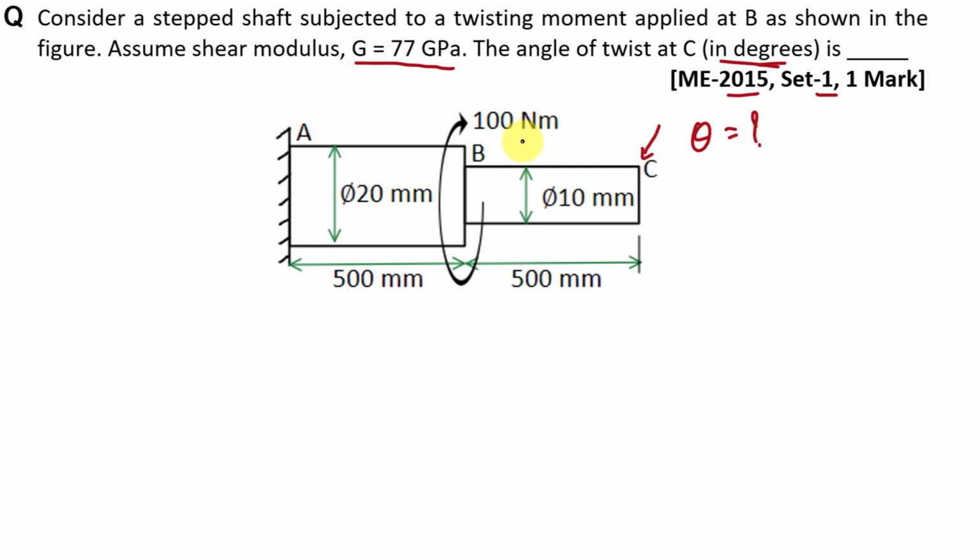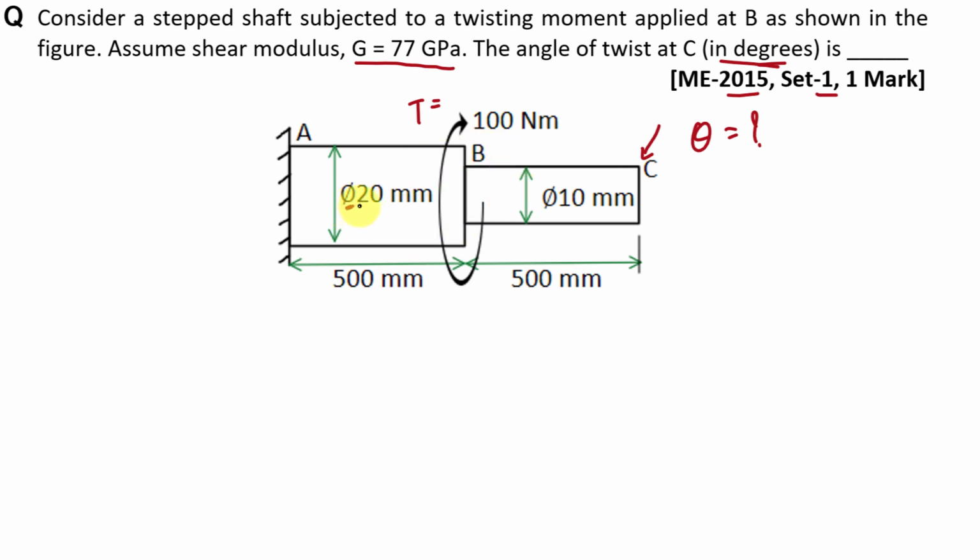Now here we can consider that there are two shafts, shaft AB and shaft BC, and these shafts are fixed at end A and free at end C. Here the twisting moment T equal to 100 Newton meter is applied at end B, or we can say at point B. The dimensions are given in this figure.